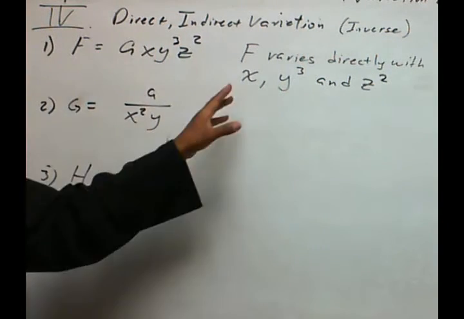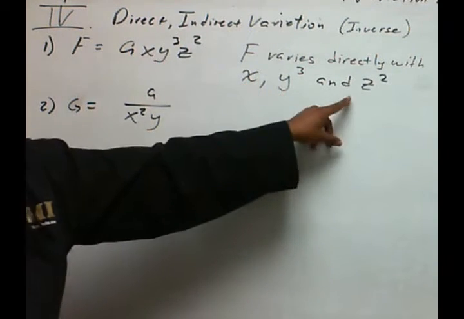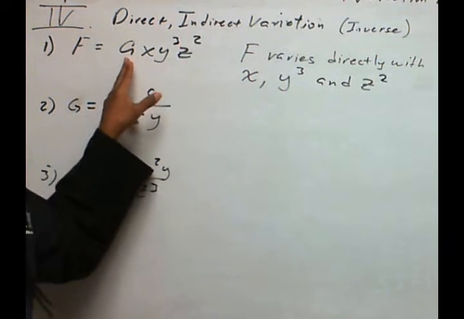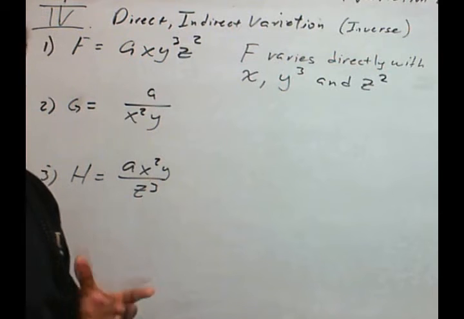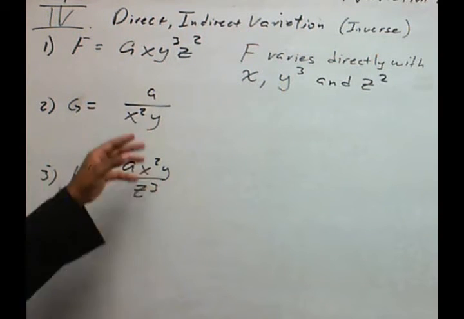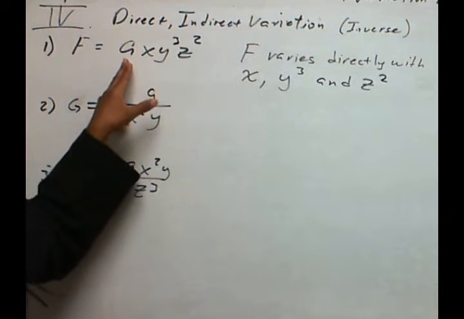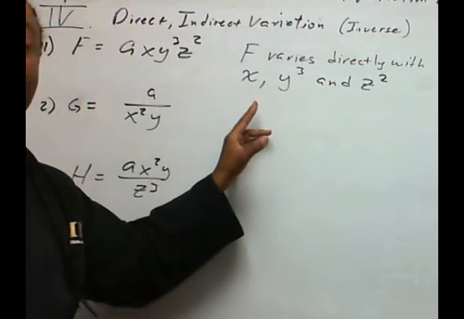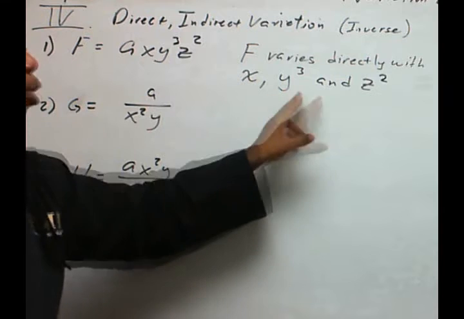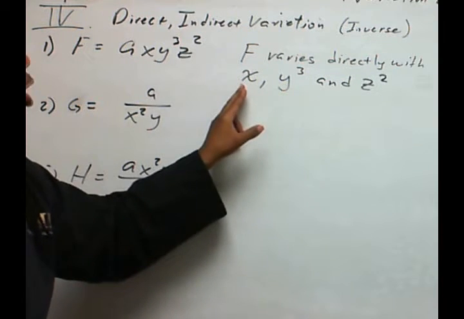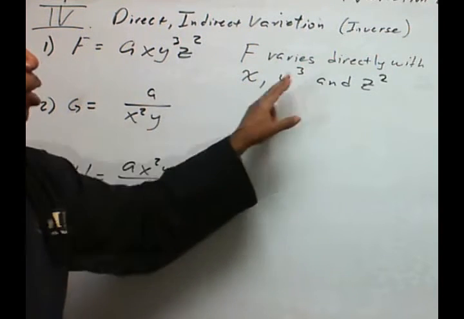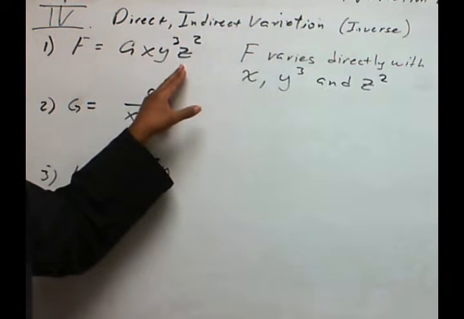Now you notice that the language here only includes the variables. It never includes the A. That's because the A represents a constant. All variation equations have a constant. They're just not named in the process. Only the variables are named. So when the variables are named as direct, all the variables will be multiplied.